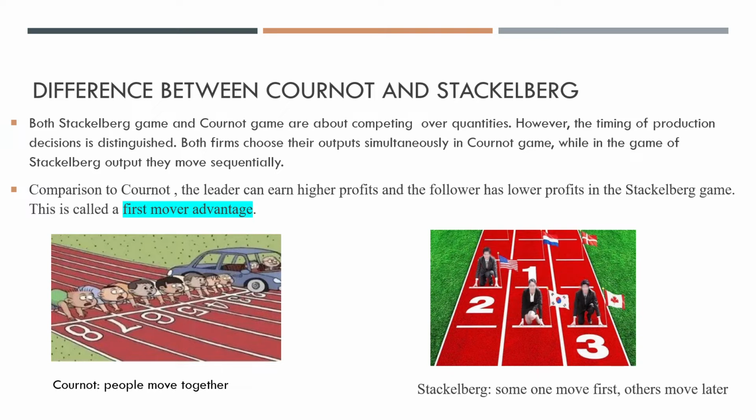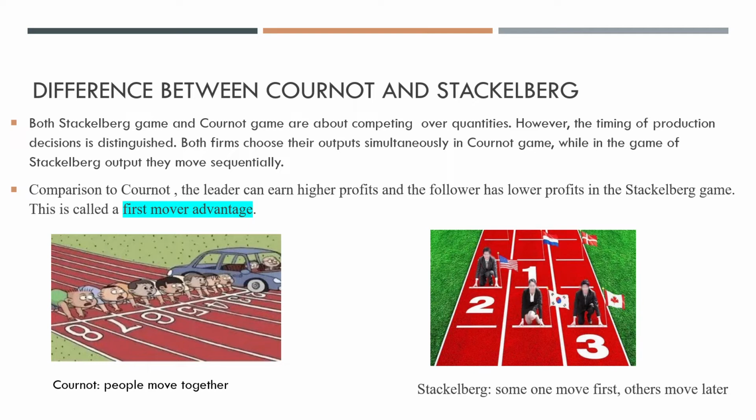So basically, if we look at the picture at the bottom, this one is similar to our Cournot models. All the runners start at the same line and run at the same time, which means all the firms in the Cournot models start at the same time and make the production output decisions at the same time. However, if we take a look at the picture over here, it's really like the Stackelberg game. Some firm will move first, some firm will move later.